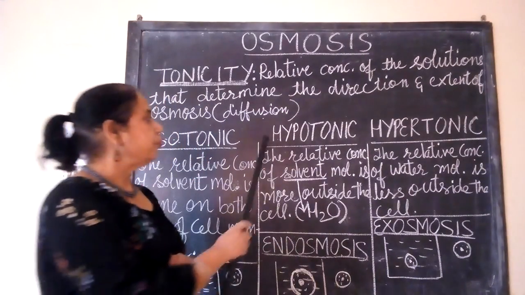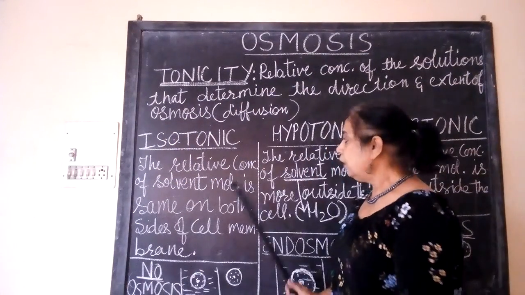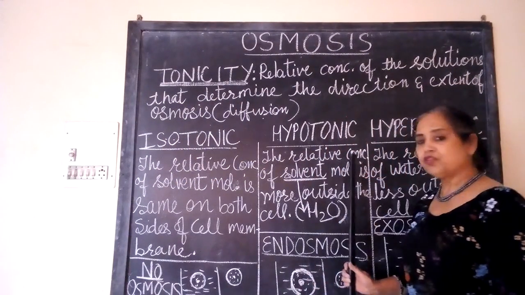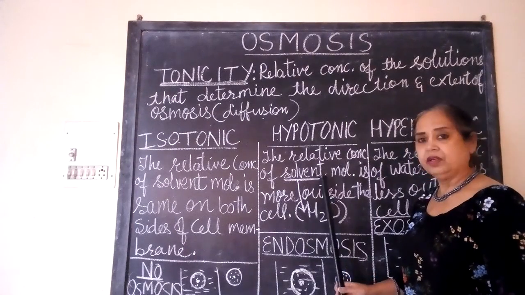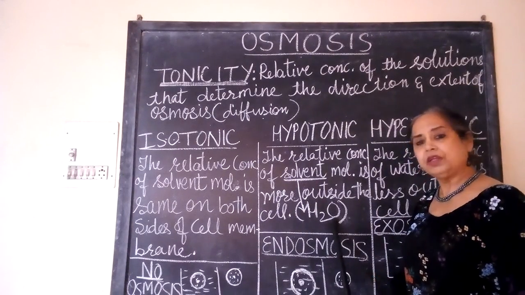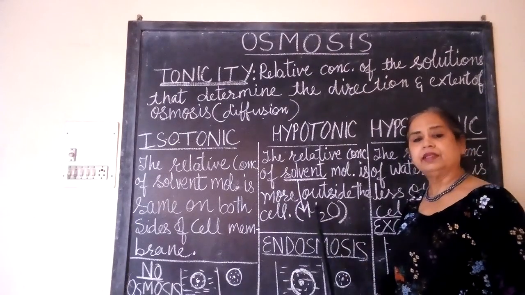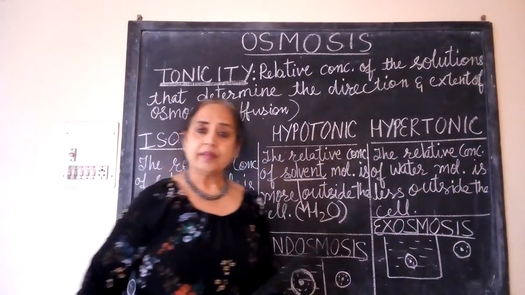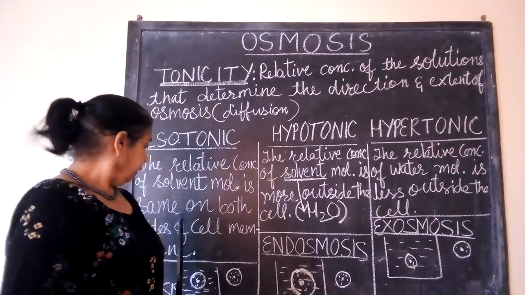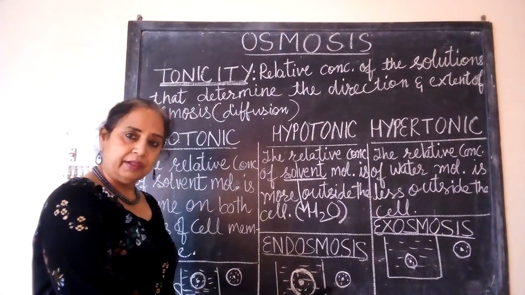Now students, we come to the next, that is hypotonic. Hypotonic is that solution in which the relative concentration of solvent, again what is that solvent? Water, molecules is more outside the cell. Now see students, this is the same cell we have here.